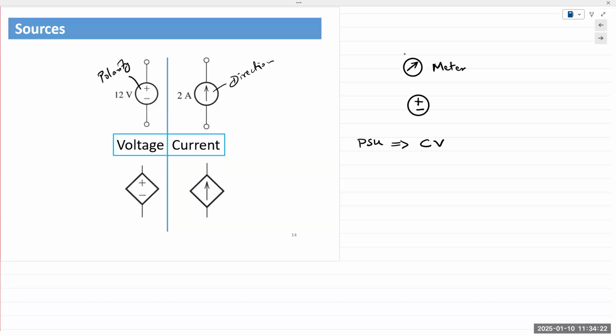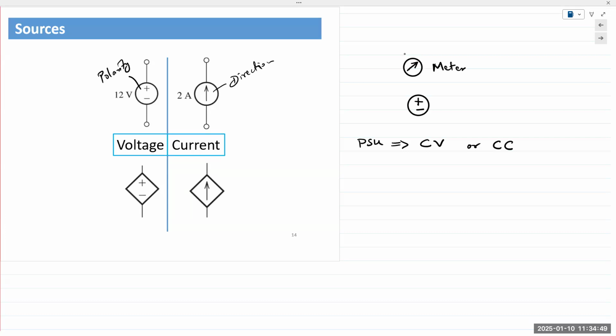If you run in constant current mode, CC mode, then it will keep the current constant and it will change the voltage. So if you set the power supply to supply 1 amp, and let's say you have 1 ohm connected to its terminals, then your output voltage is now 1 volt.